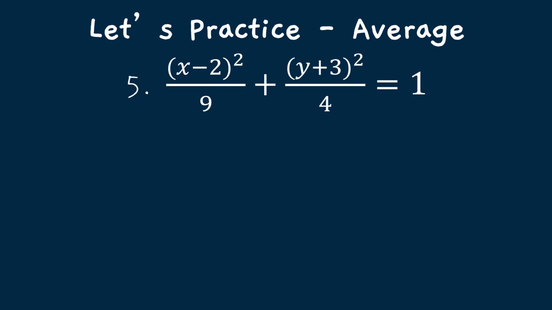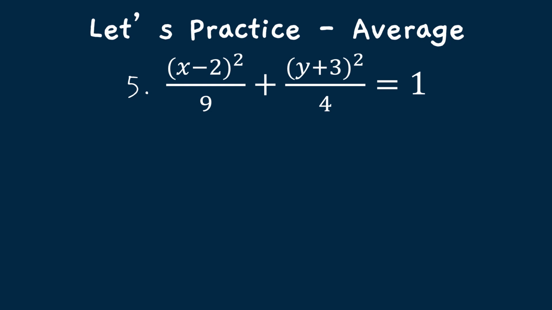For example number 5, as we can see here, we have already a standard equation which is having a center not on the origin. Okay? So kanina, from previous examples 1 to 4, we have an example that has an origin as our center.